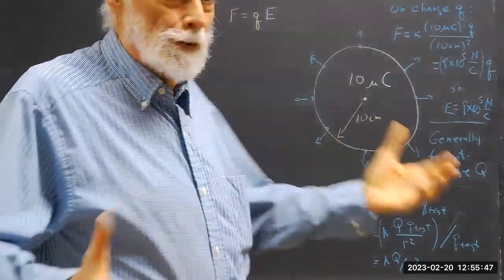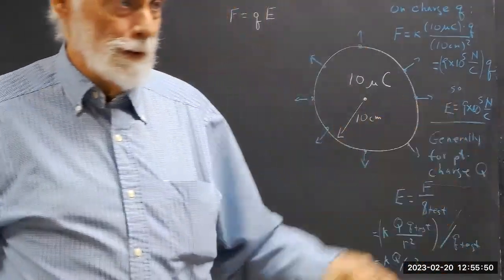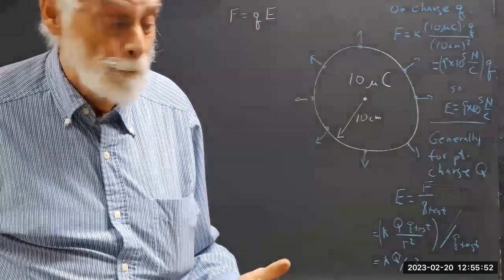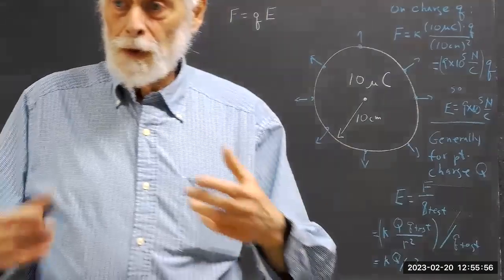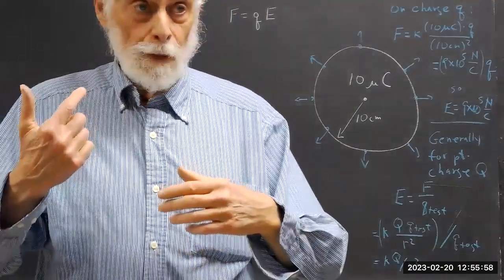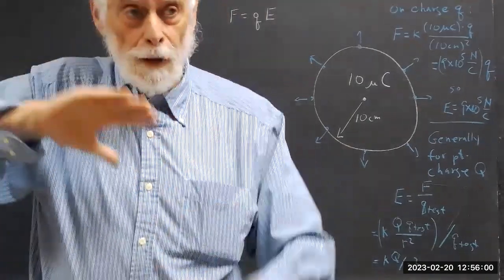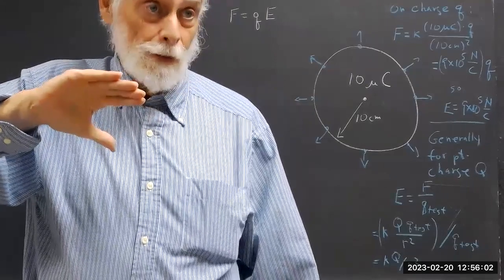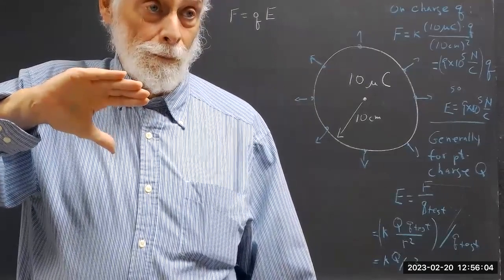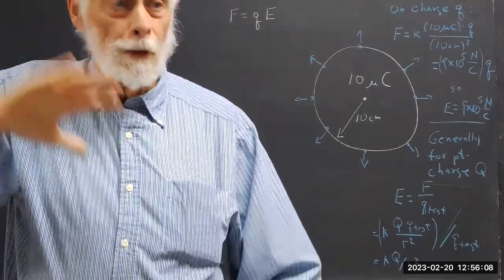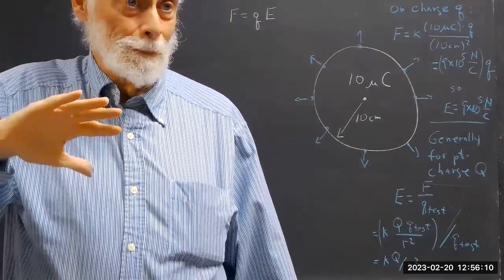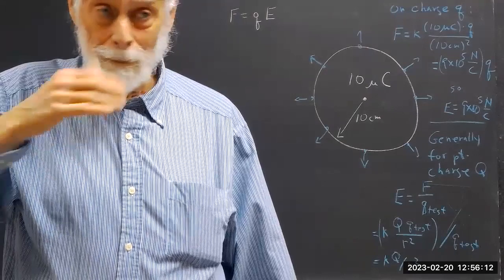That should be a notion that's been reinforced through calculus. So we've got this field coming out radially through this almost planar section of the sphere. If we multiply the field by the area of that section, we get the flux.